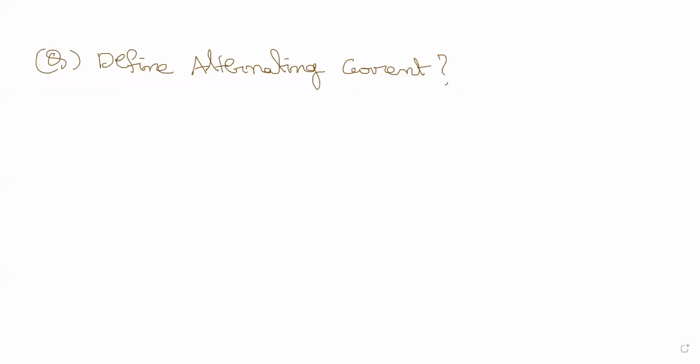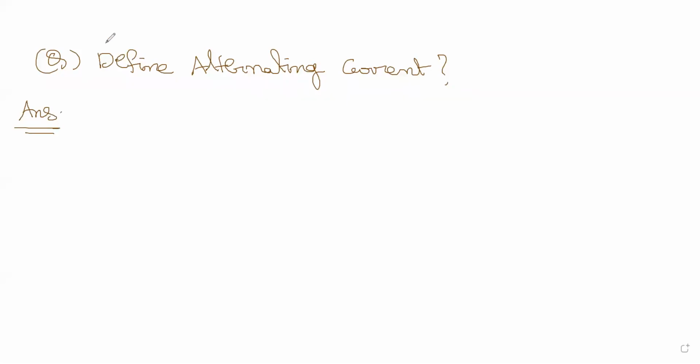So to start with, define alternating current. This is question number 1.